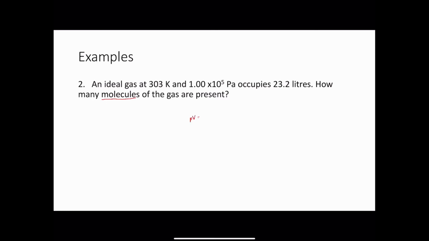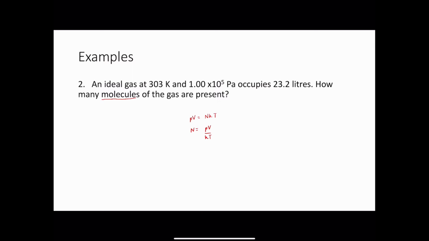So that's PV is equal to NKT. And again, it's asking for the number of molecules. So I'm going to straight away rearrange that equation to give me N as the subject of my formula. So N is going to be equal to PV over KT.